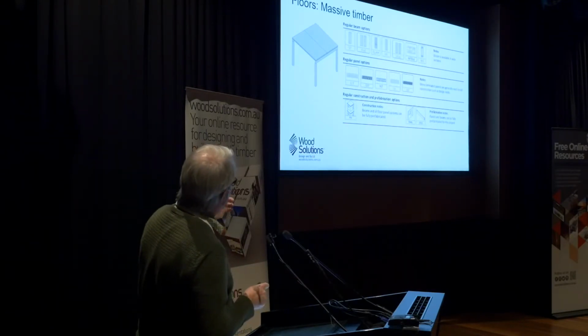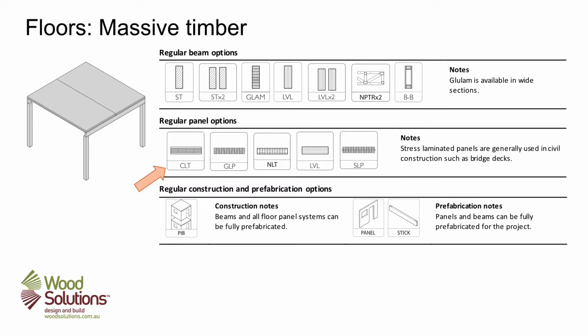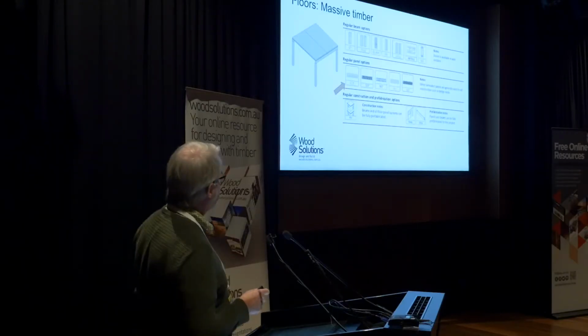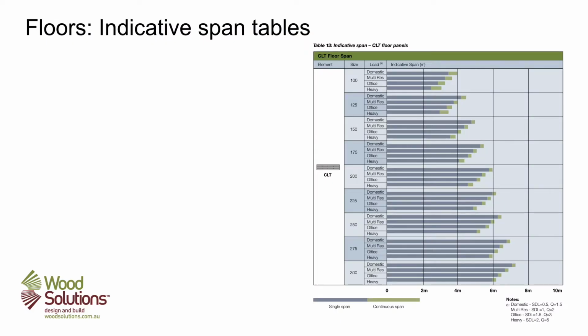So if we say we're going to have a CLT system for our floor panels, or we want to investigate a CLT option, we would then move to see what our indicative spans are if we were using a CLT floor panel.